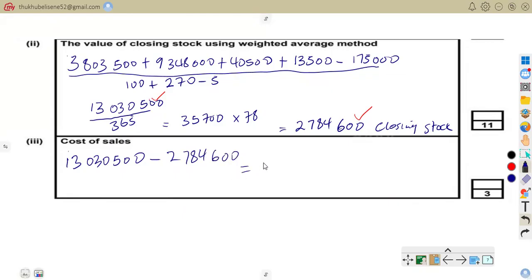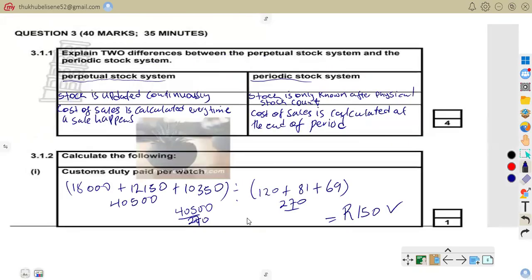And this will give us our cost of sales, which is 10,245,900. So that is how easy it is. I hope we are together. Great. So now let us go to another question.